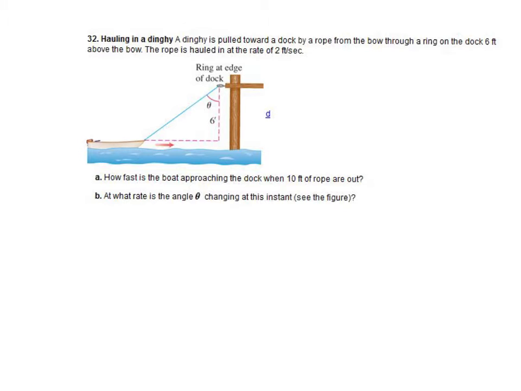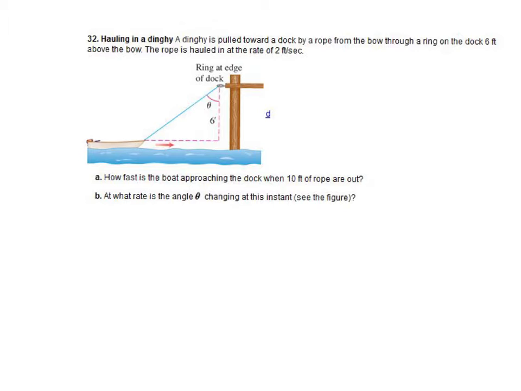Okay, so for this one, one flag comes out at me. Sometimes you want to be talking about the angle, and sometimes you still want to just be using a right triangle Pythagorean theorem thing. Now, in part C, they're talking about the rate of change of the angle, so that tells me we're going to write a trig relationship for that. For part A, though, this is strictly just another Pythagorean theorem.